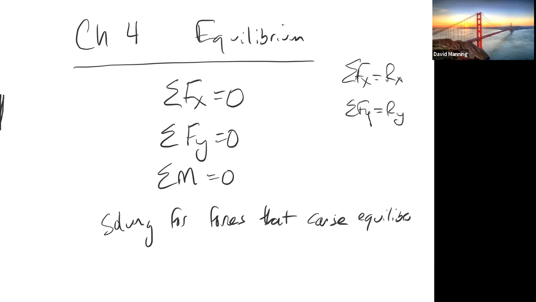Find the missing forces is what we're solving for here. Every single one of our situations is going to be set equal to 0, so we're always going to be using our equations equal to 0 in solving for our missing forces.